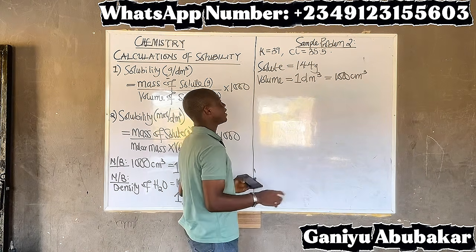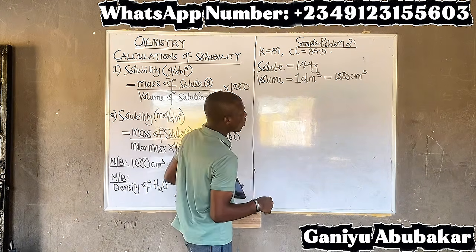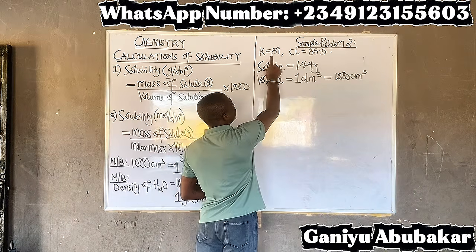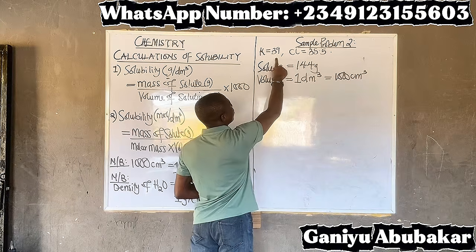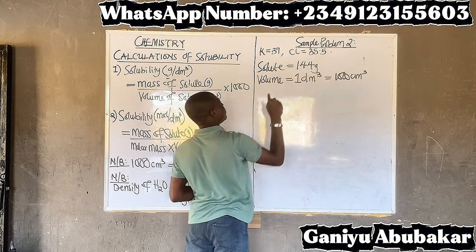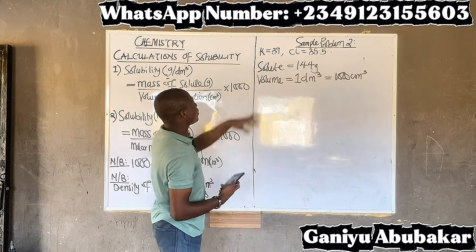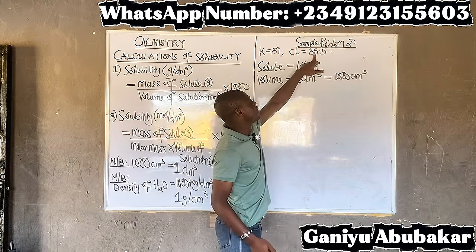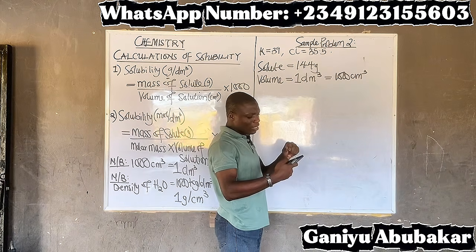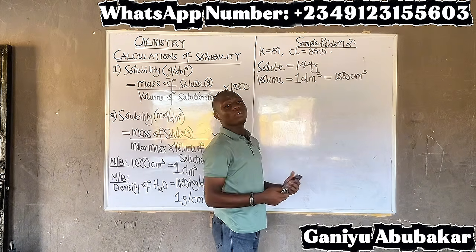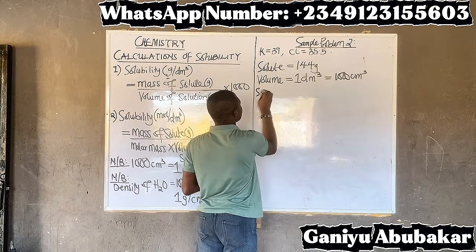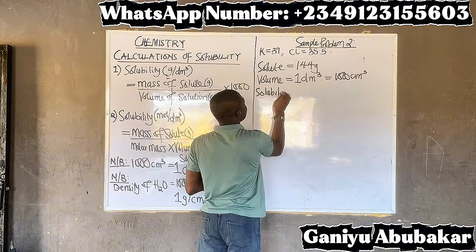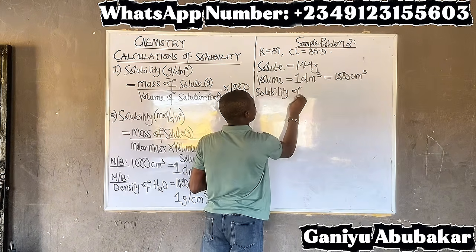Without stressing myself, I'm given the mass of potassium and chlorine. It says calculate the solubility of potassium chloride. Solubility of what?